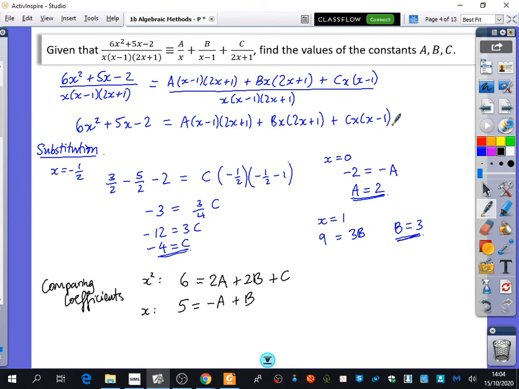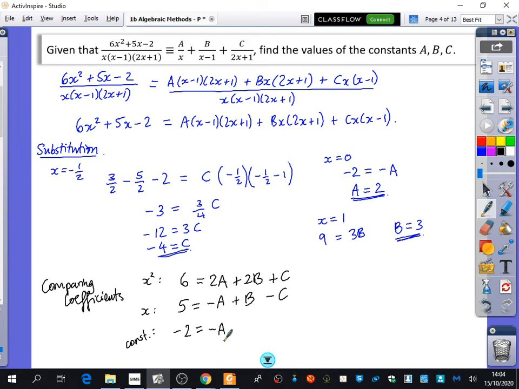And the x's that you have here, minus c. And then the last one that we compare are the constants. So we're going to have minus 2 equals, what constants would we have? Minus a. No constants in this one. No constants in this one at all.